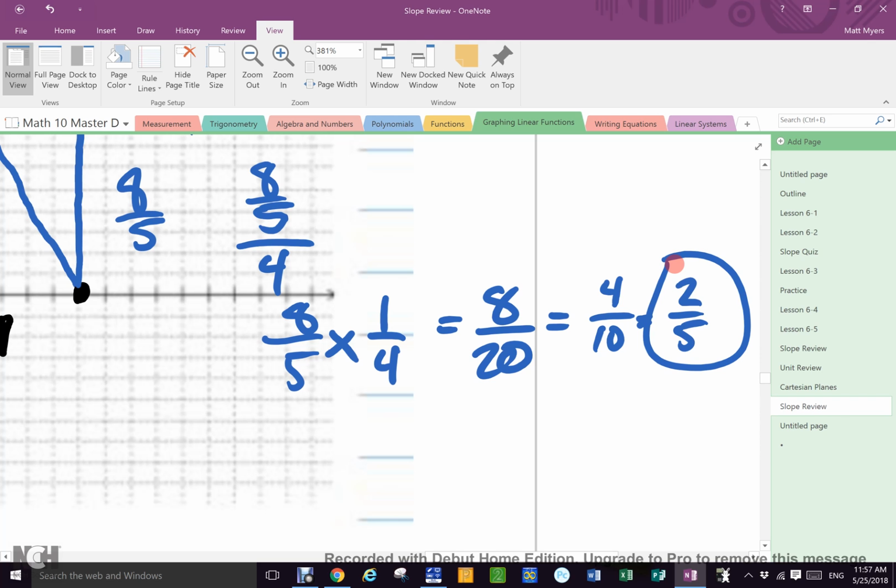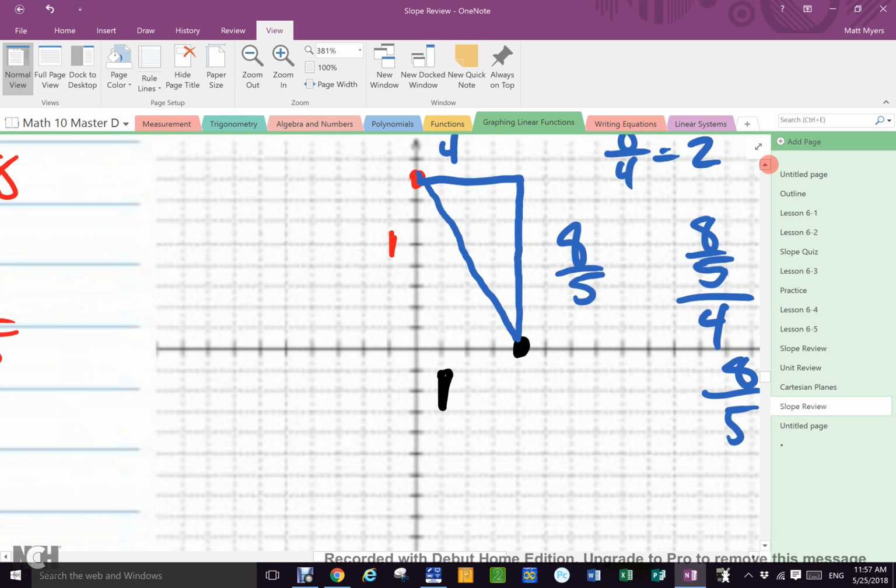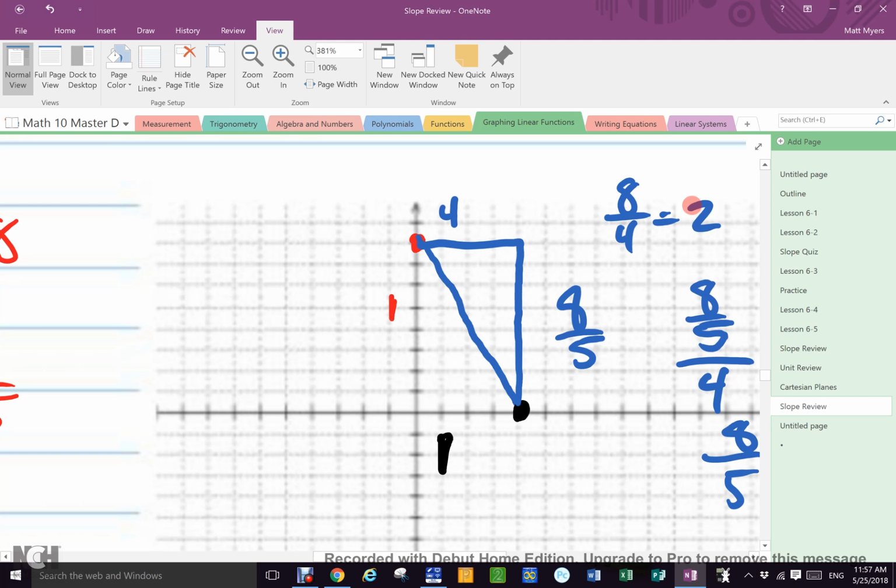Is there anybody in the room that does not follow that? I'll go through the steps again. 1, we graphed it. 2, we checked rise over run, but we could not count them because a square up is only worth 1/5, whereas a square of run is worth 1. So you could not do 8 divided by 4.